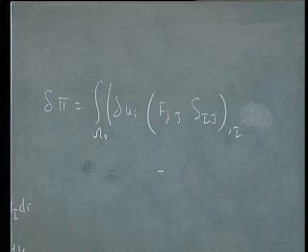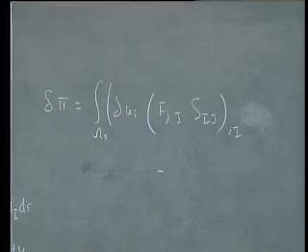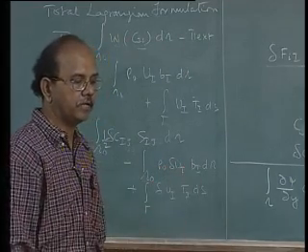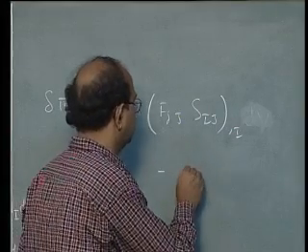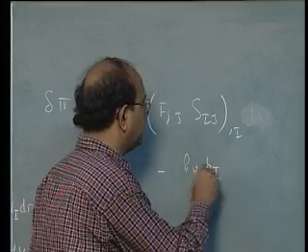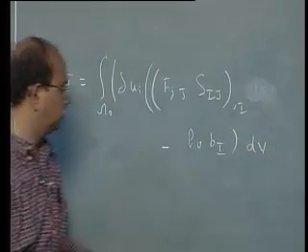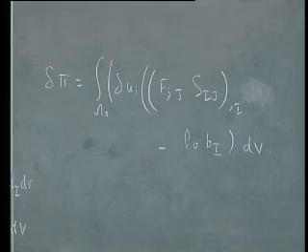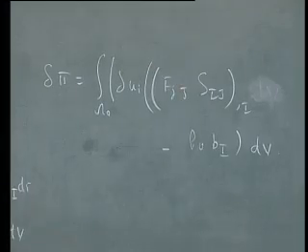Minus, get back to the first one, delta ui rho 0 bi. So minus rho 0 bi dv, or d omega.